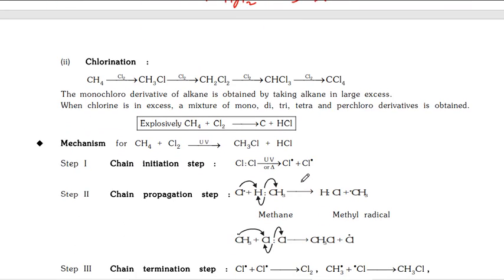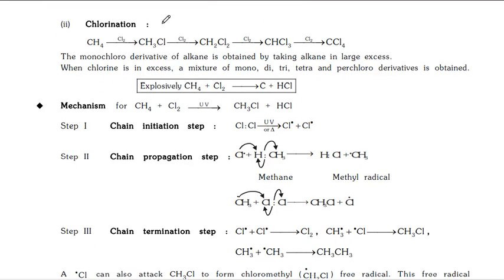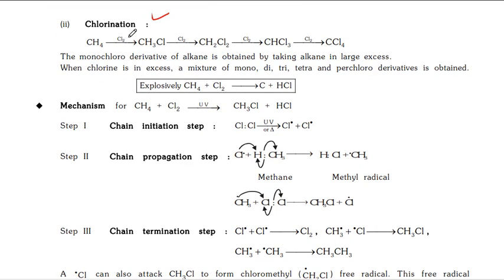Now chlorination. In chlorination, it is a continuous reaction. First chlorine replaces one hydrogen, then the second hydrogen, then the third, then the fourth. So we get a mixture of compounds here: chloromethane, dichloromethane, trichloromethane, tetrachloromethane, which is also known as carbon tetrachloride.